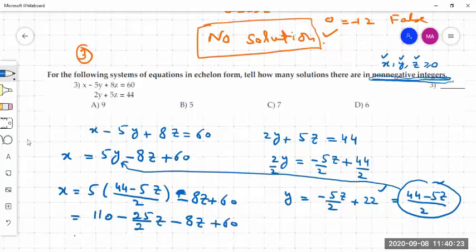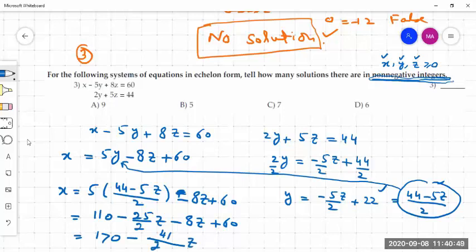If you simplify this one, 60 and 110 is 170. And then minus 8z and minus 25 by 2 z. So minus 8, if you make it a common denominator, that's negative 16 by 2. So negative 16, negative 25 is 41, so negative 41 by 2 z.